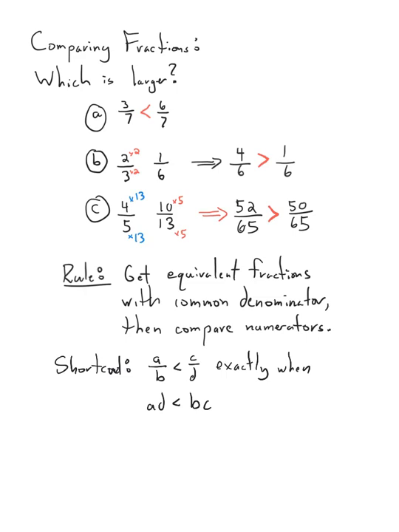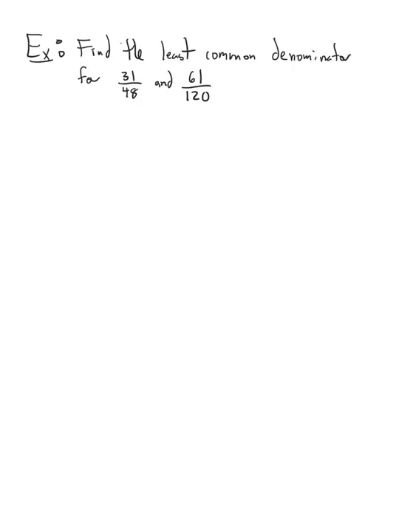We're just comparing A times D and B times C. And obviously there's nothing special about less than. We could do greater than as well, and the same logic will hold. So you can view it like this as well.